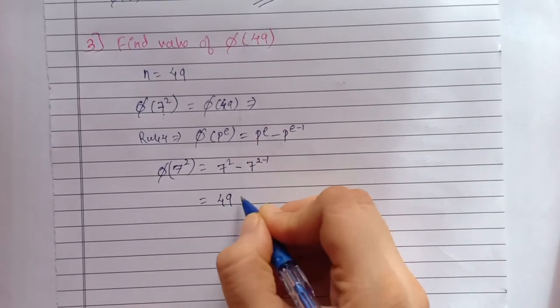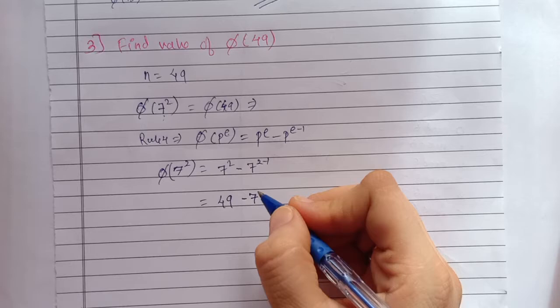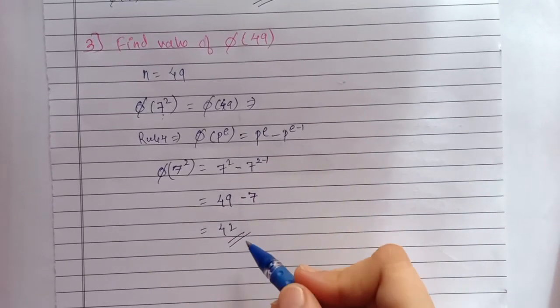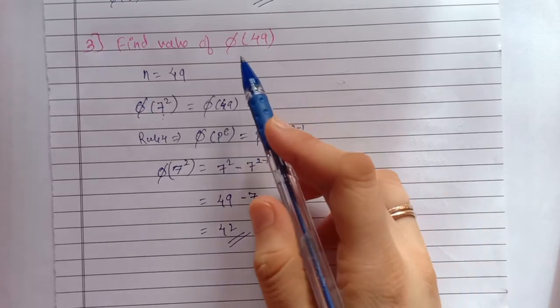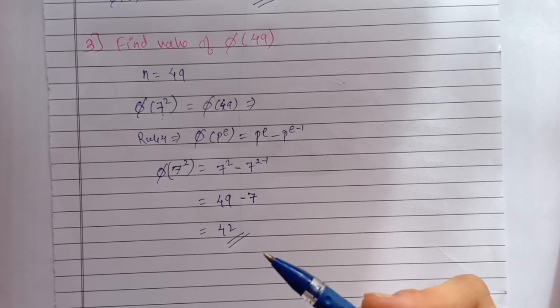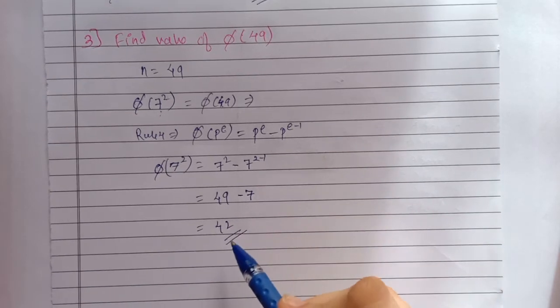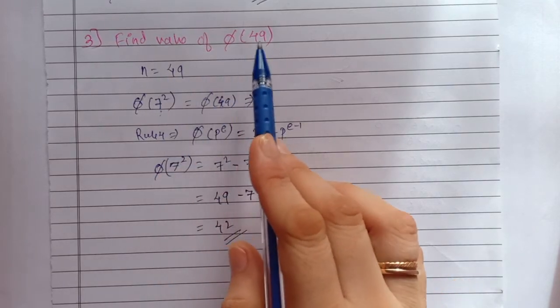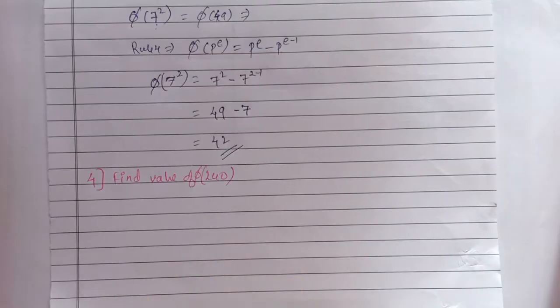So 49 minus 7 gives 42. So there are 42 numbers in Z49 star. So the value of phi 49 is 42.